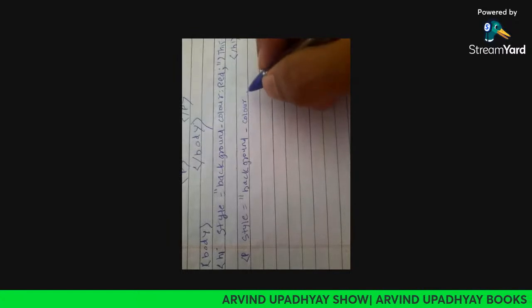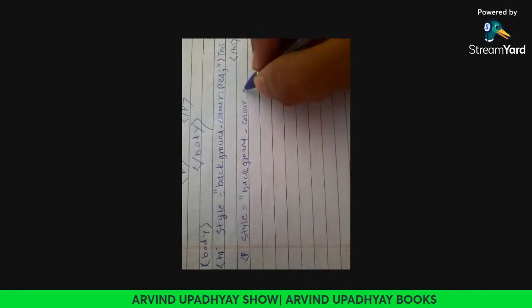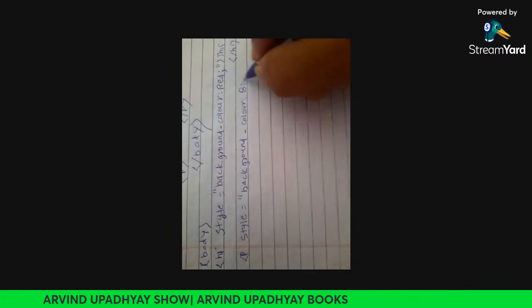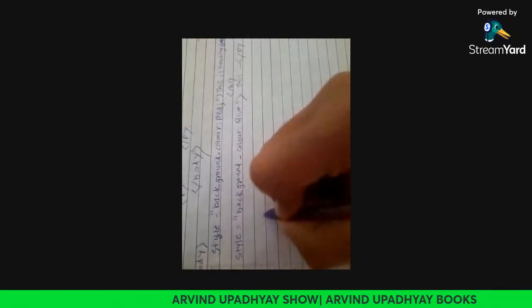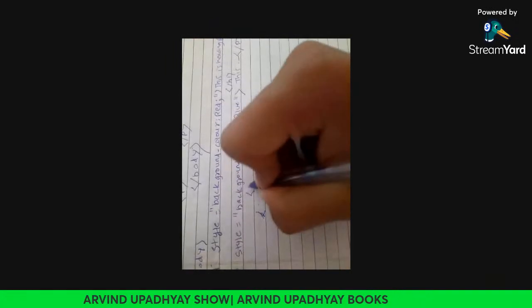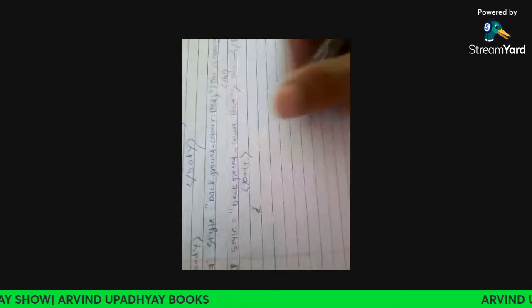You need to write color. If you want to make it blue, write blue, double inverted comma, and this is another, you can write anything here, and then close this one, paragraph. And lastly the closing tag, and that closing tag is your body. This was all. Now HTML formatting we need to learn, and text color also.